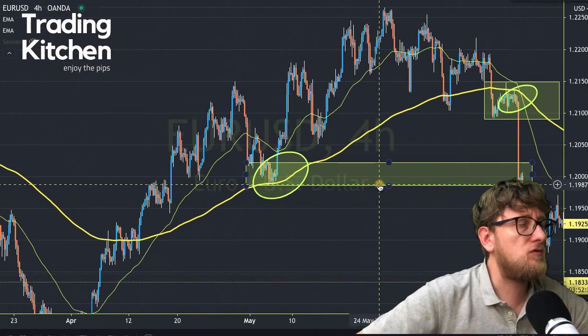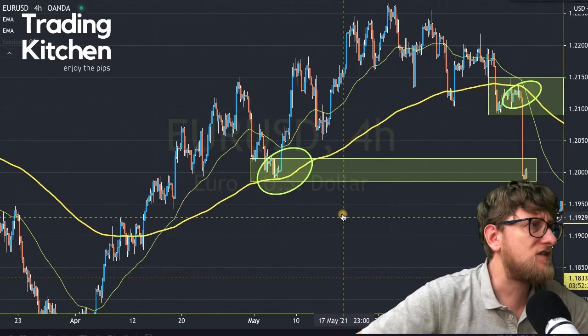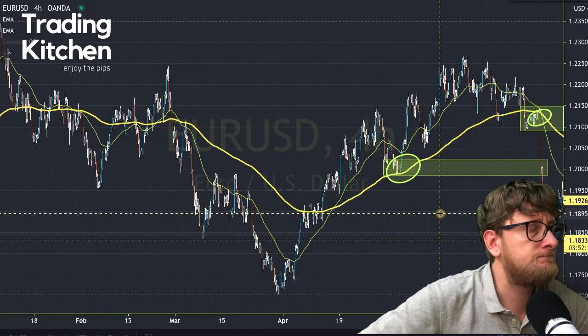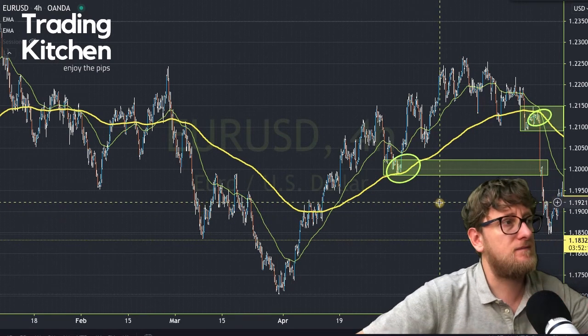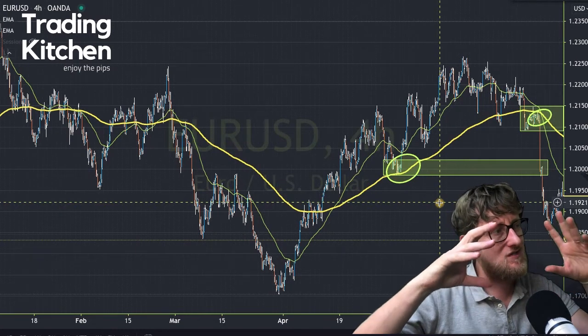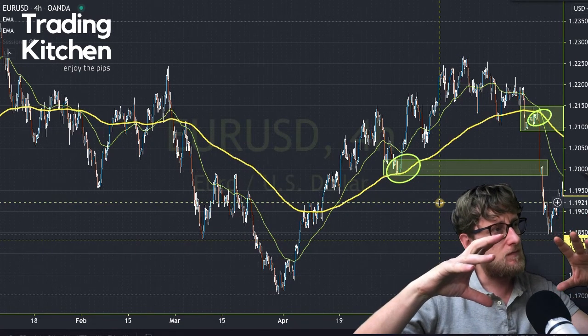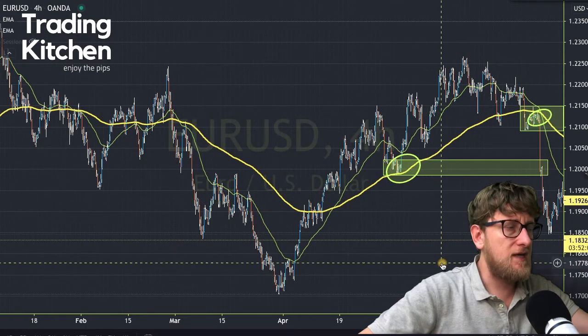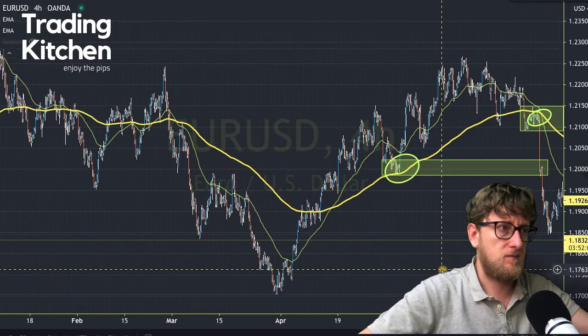It is quite easy to identify dominance if you zoom out and you are able to see the whole movement.